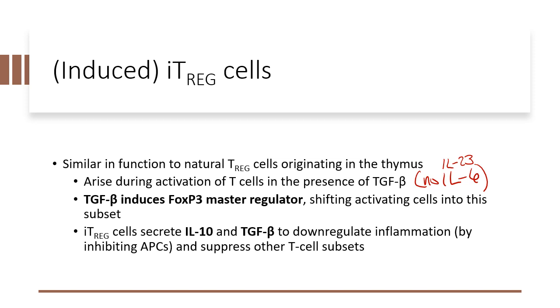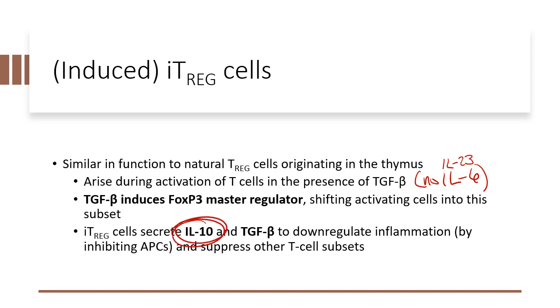The master regulator for these cells is FOXP3, and this is one that helps to shift cells specifically into the Treg subset. This is how we identify Tregs, whether they come from the thymus or whether they are induced Tregs that happen in the lymph nodes or spleen. These cells secrete TGF beta and interleukin 10.